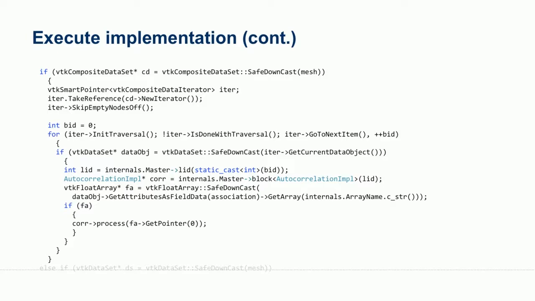If you wanted to do a 0 copy here from the SOA case, you would have to do a dynamic cast on, instead of a float array here, you'd do a dynamic cast to the VTK SOA data array template float, similar to what we did in the example yesterday for the 0 copy example. You do a dynamic cast to that type and see if you had one.